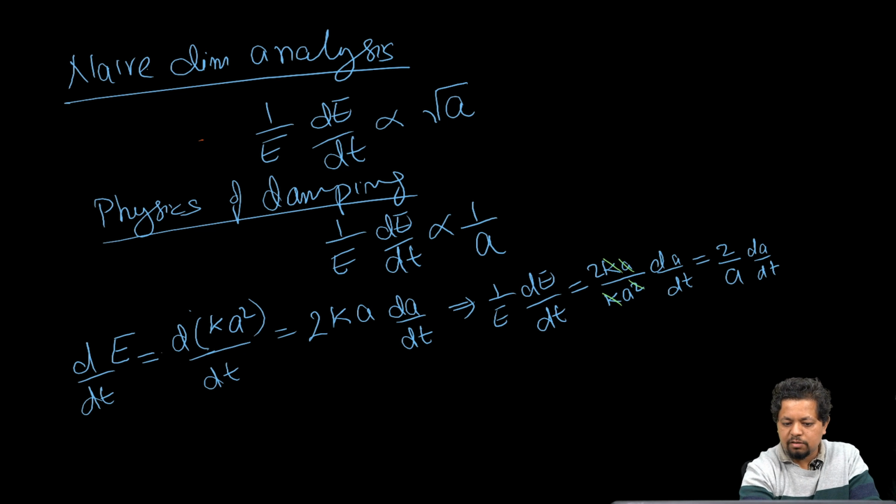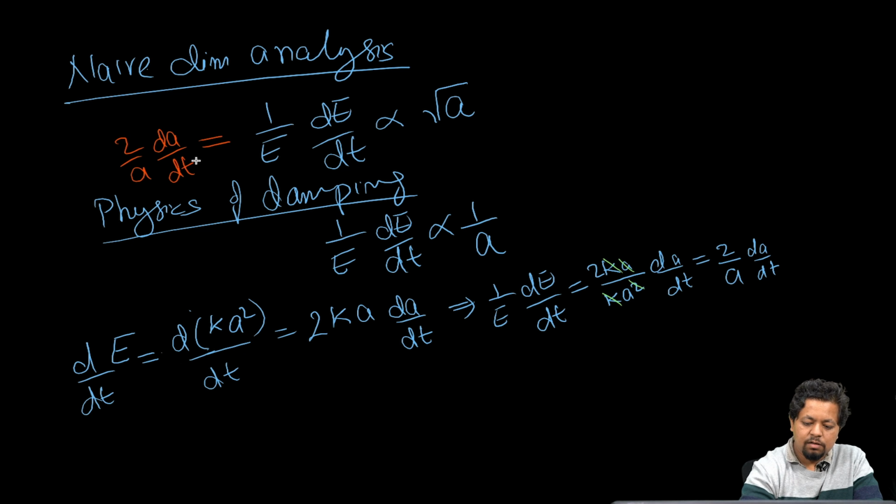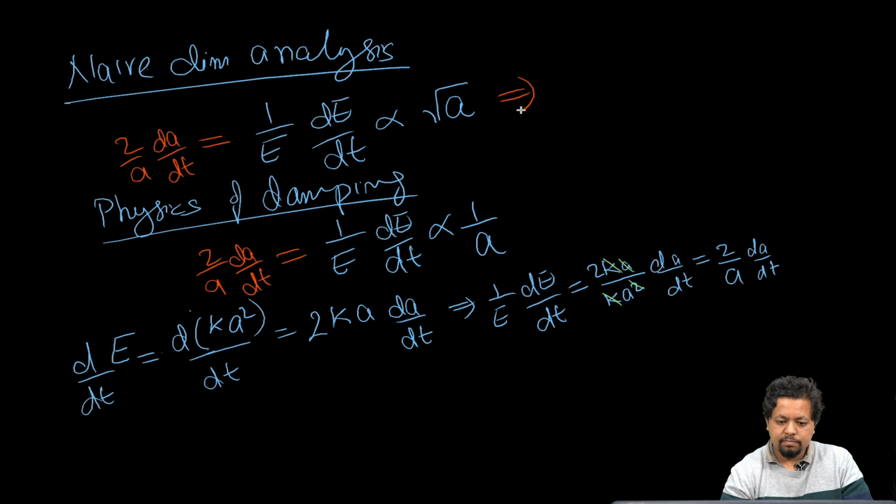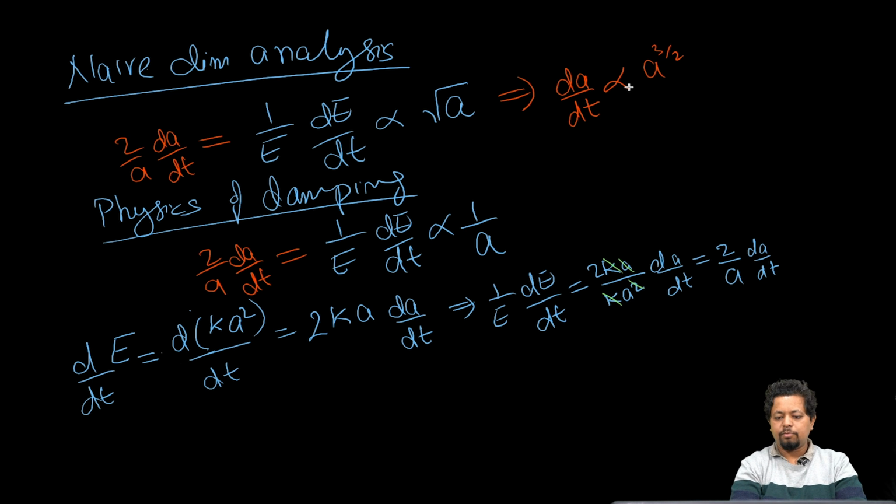I get that 1 over E dE/dt is nothing but 2 by A dA/dt. From here I conclude that dA/dt is proportional to A to the power 3 by 2.